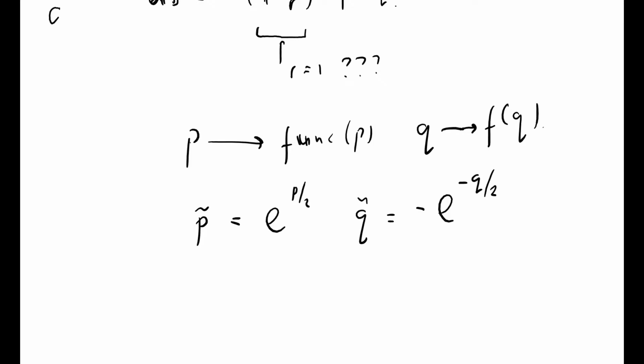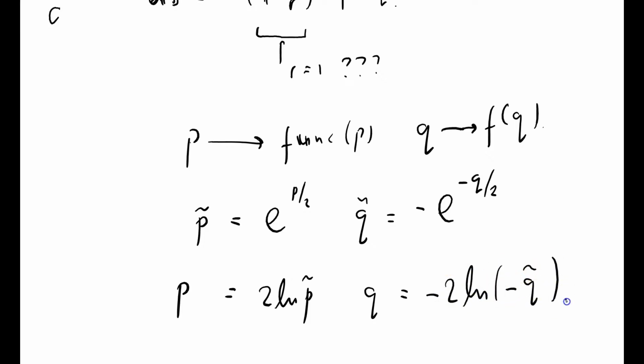And of course we can transform that quite easily as well. We can specify that p equals 2 log p tilde and q equals minus 2 log of minus q tilde.